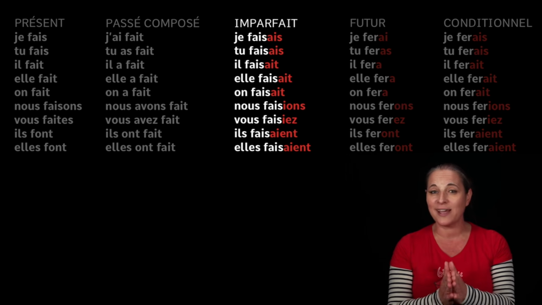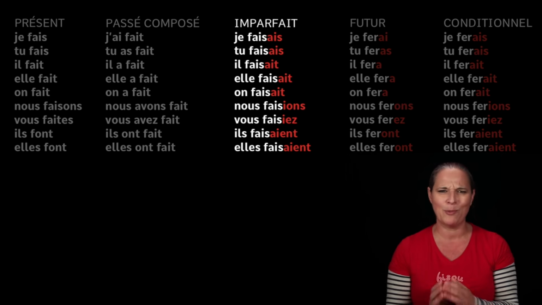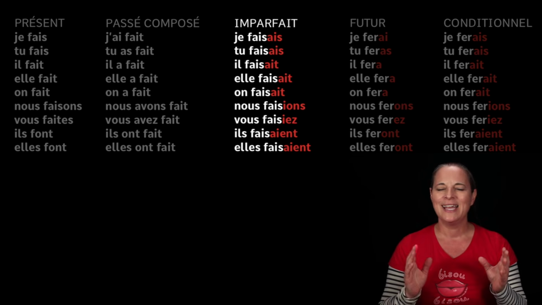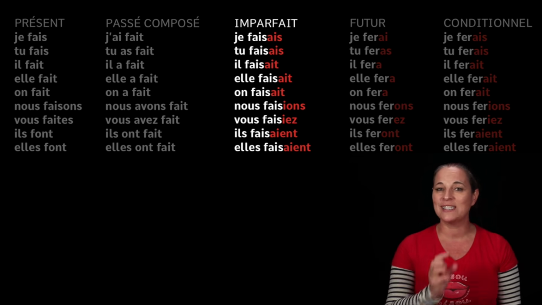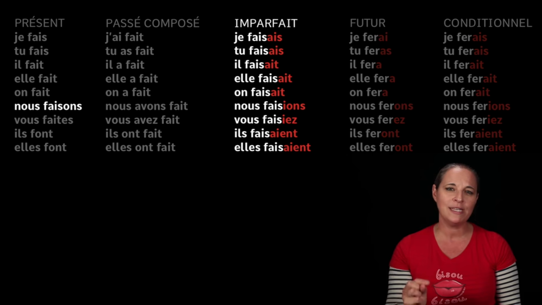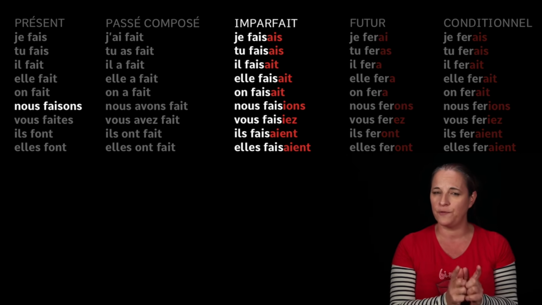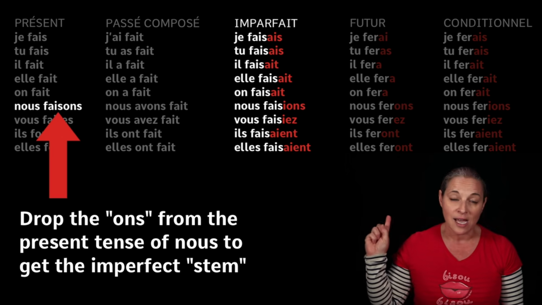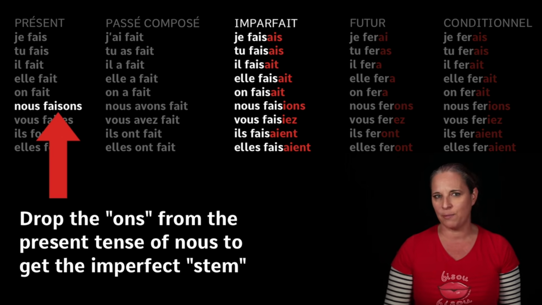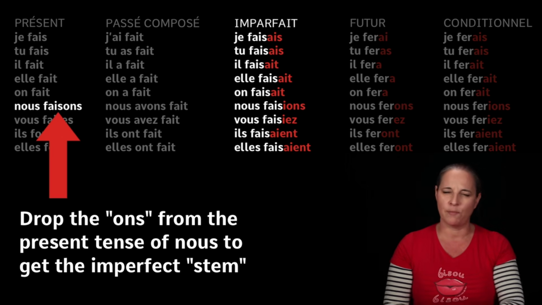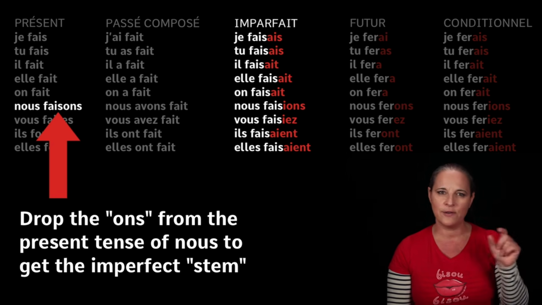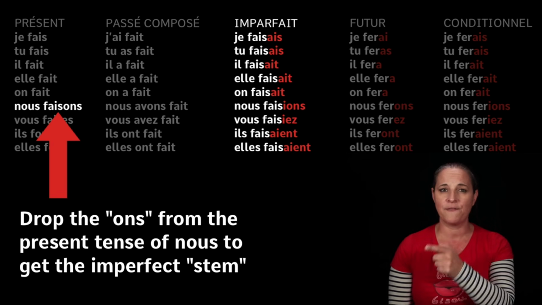Now, remember what I asked you to remember? Yes, the nous form of faire is nous faisons. The reason why I asked you to do that is because you're going to use the stem of nous faisons and start the imperfect with it, then add the imperfect endings. So let's have a look at the stem of nous faisons. It's F-A-I-S.